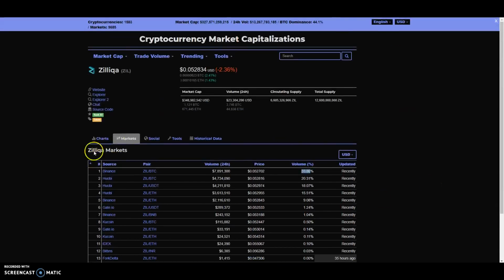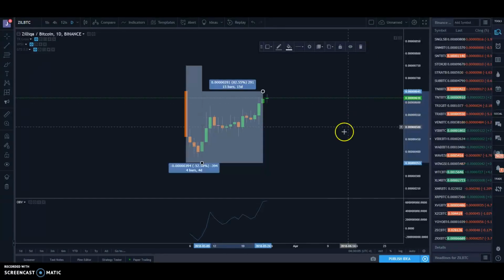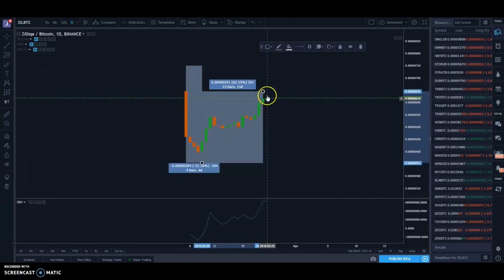So if you are really interested in this asset, it can be a little disturbing that a third of it is tied up in this sort of crazy noob exchange. I guess I shouldn't call it a noob exchange, but there's a lot of new money that's very excited about what's going on in Binance.